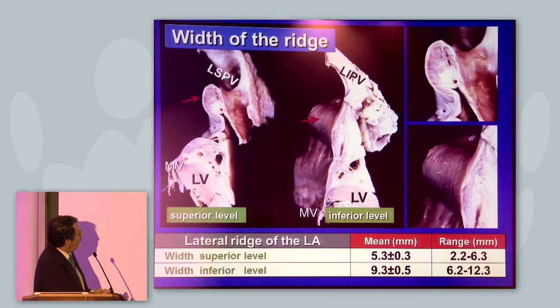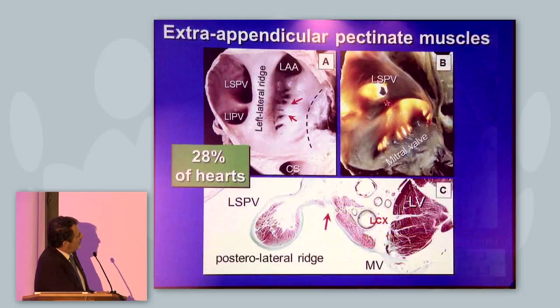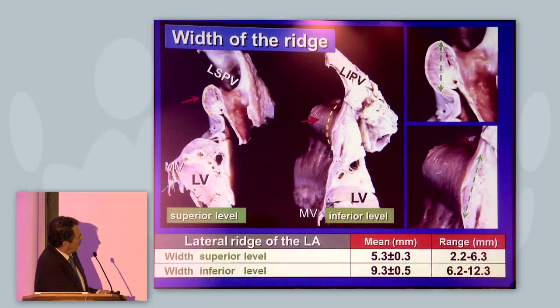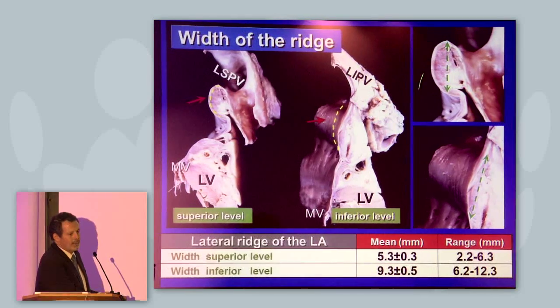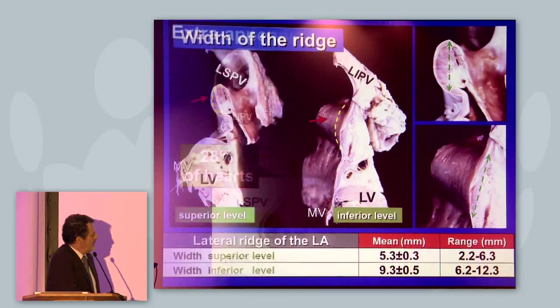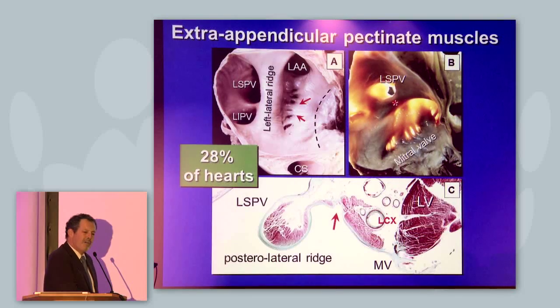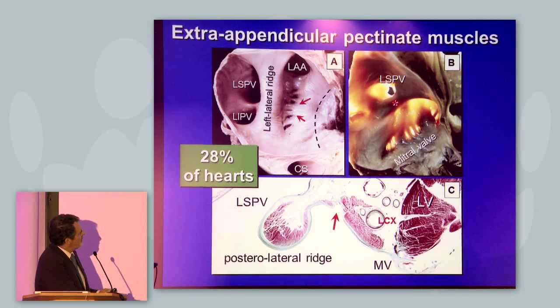Here you see the width of the ridge. Please note that the width of the ridge changes from superior to inferior, and even the thickness of the muscle in this area. Following with this lateral aspect, please note the presence of this extra-appendicular pectinate muscle. This is the lateral ridge. Here you can see the orifice of the left atrial appendage and the presence of this pectinate muscle.